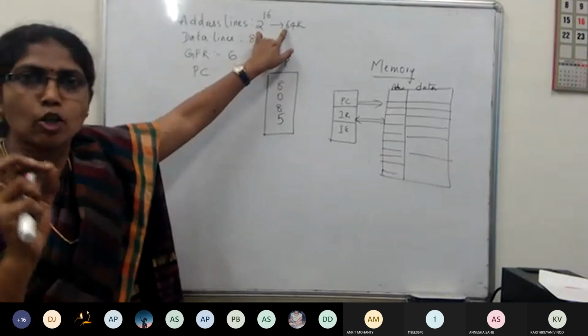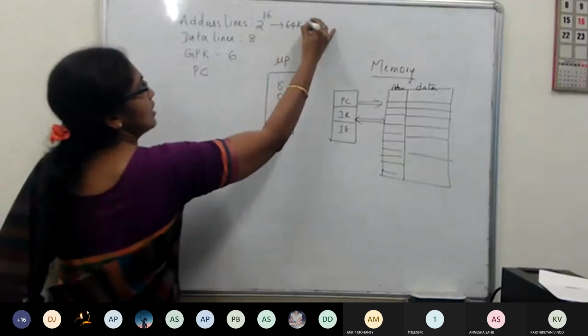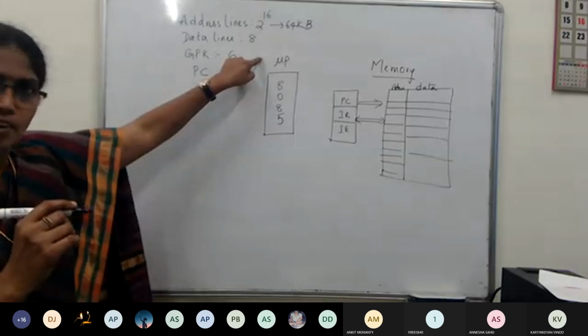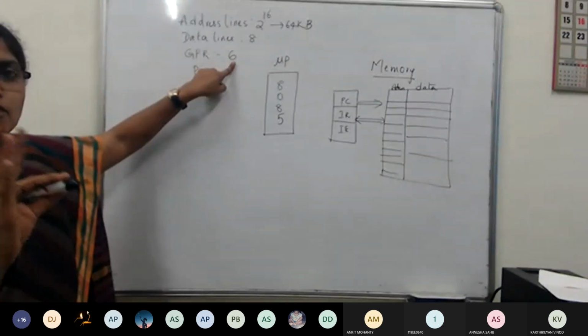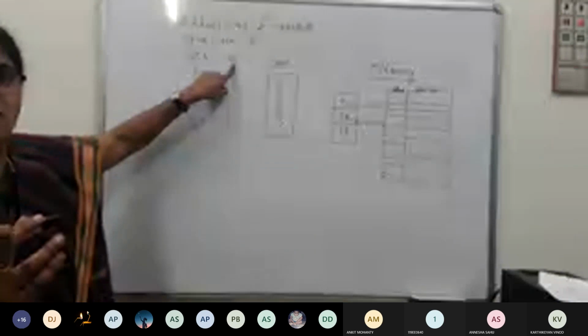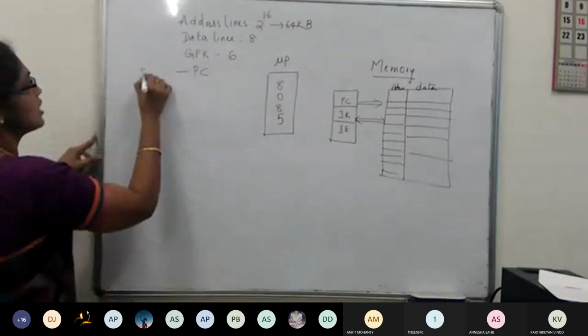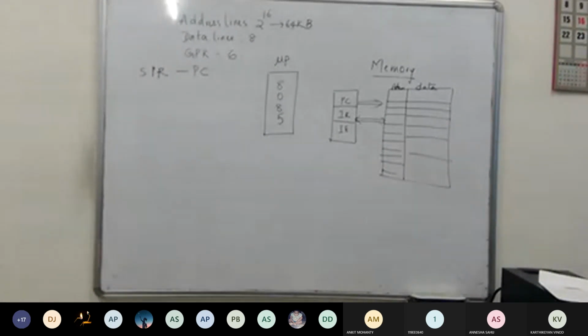I forgot what the other one is. Nobody remembered? Seriously, I forgot, because 8086 and 8085 both get mixed up for me. Wait a second. What is the last register? Program counter, stack pointer. Only two are there.